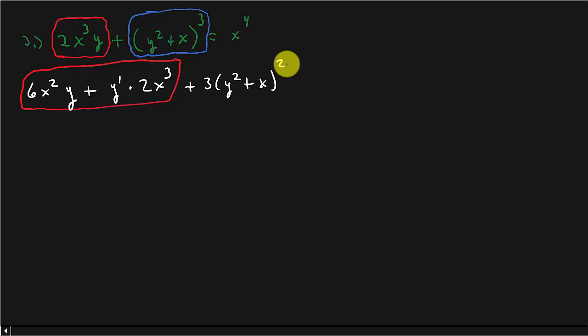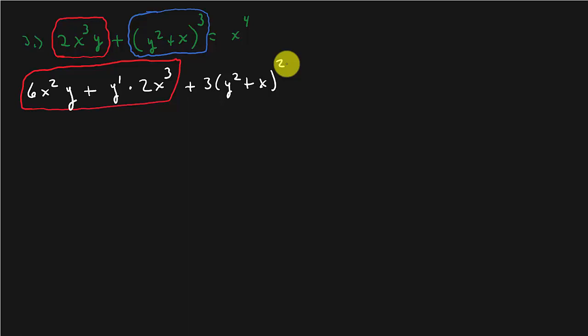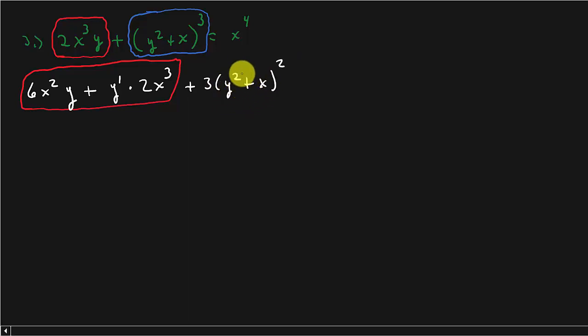And then times the derivative of what's inside the parentheses. So we've got to take the derivative of y squared plus x. So that's 2y y prime plus 1. All right. And then we have equals 4x cubed.